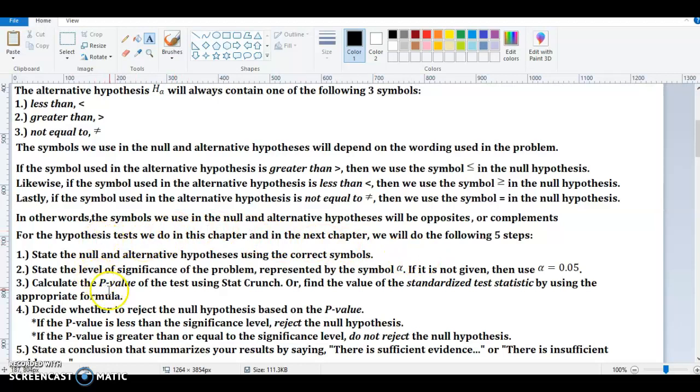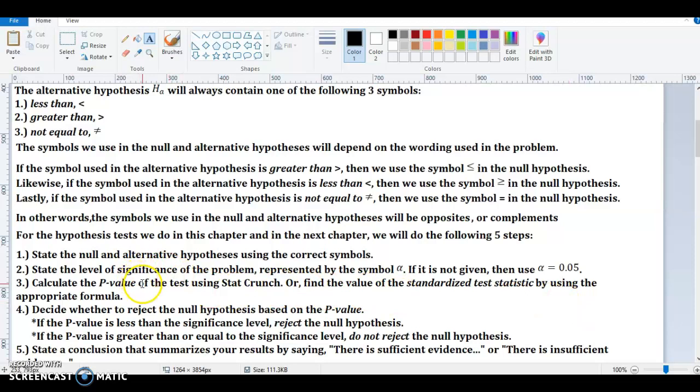In step 3, we're going to calculate the p-value of the test using StatCrunch, or we're going to find the value of the standardized test statistic by using the appropriate formula. For most of the questions in chapter 7, we're going to use the p-value approach rather than the classical approach. But there might be 1 or 2 questions in section 7.5 where in step 3 we're going to find the standardized test statistic rather than the p-value.